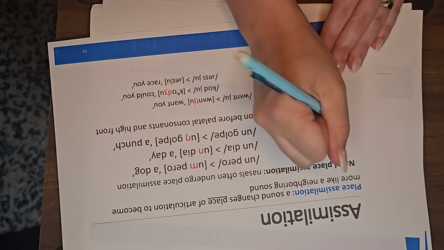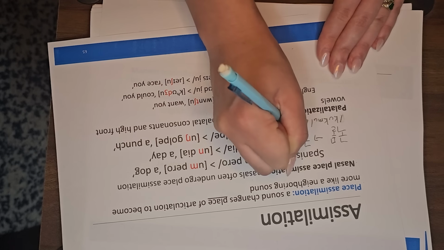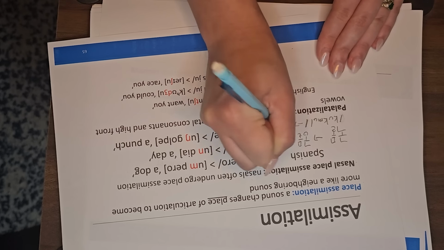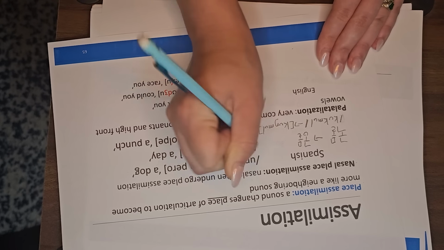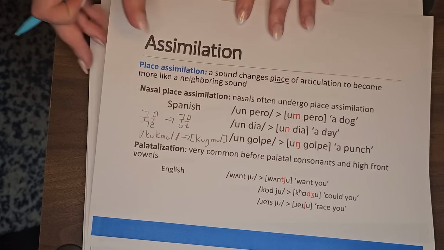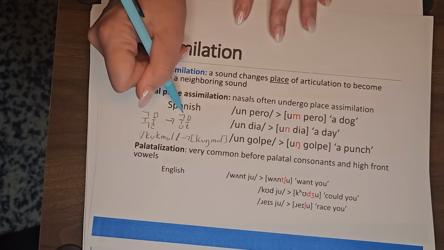I keep messing up my slashes. So a word that's written as 국물 is pronounced as 궁물.